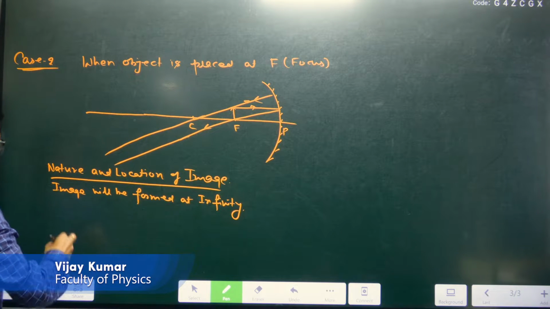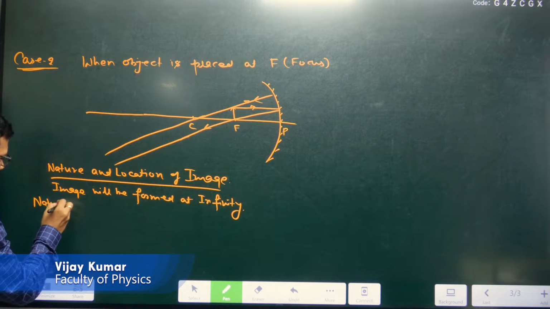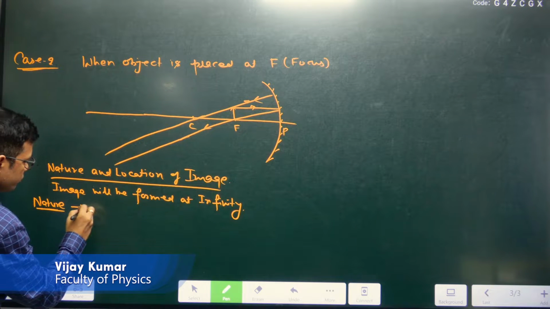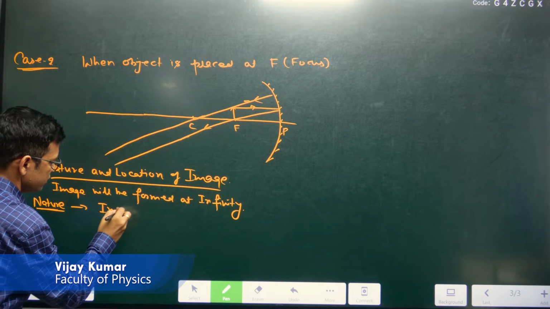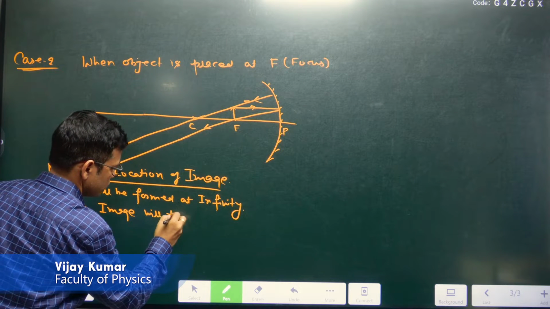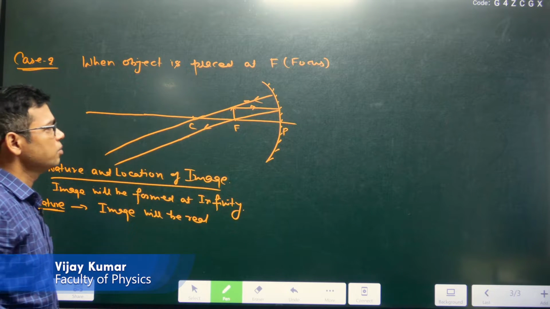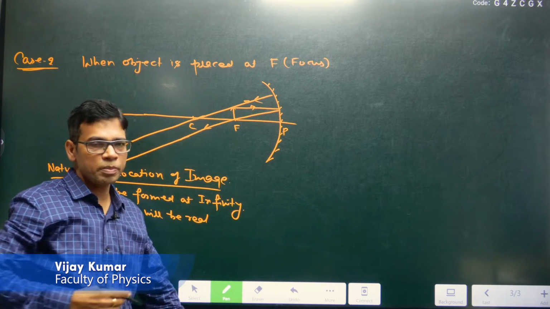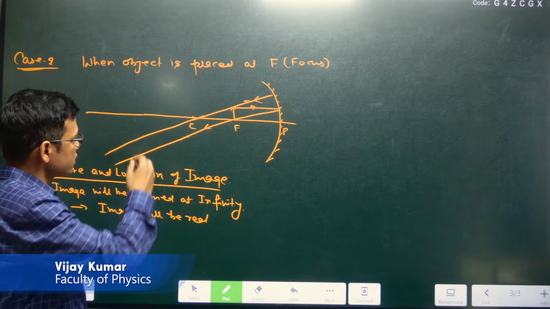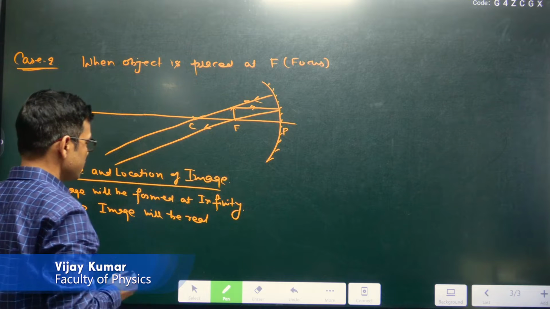If we come to the nature of image, the image will be real. Why will the image be real? Because this image formation takes place by the intersection of the real ray. So the image will be the real image.